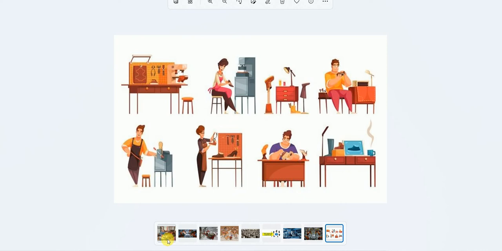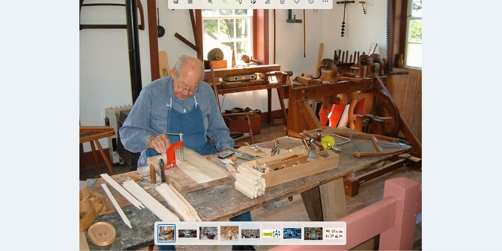In the case of craft, I think you are familiar with the craft also. This is an example of craft manufacturing, craft production. So a craftsman making boxes.